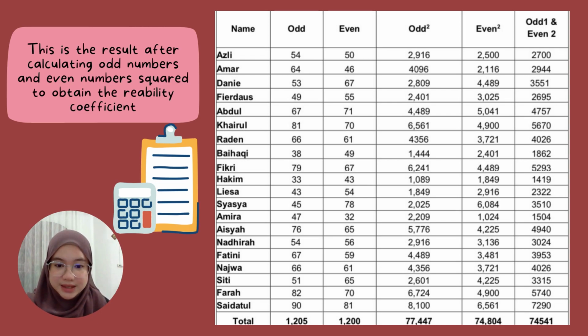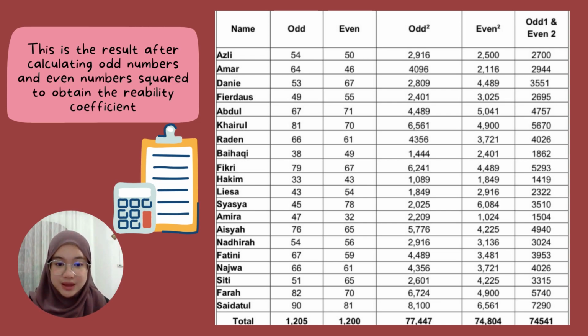Okay, the next student is Ammar. The odd number is 64 and the even number is 46. 64 square equals 4,096. 46 square equals 2,116.